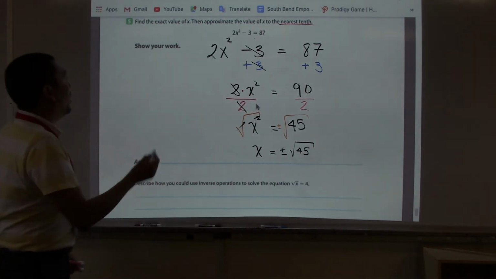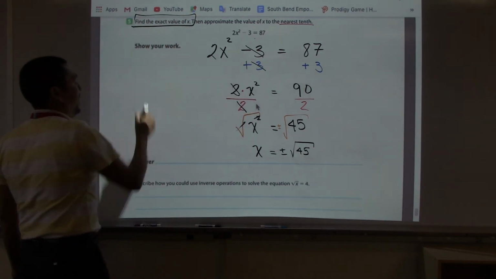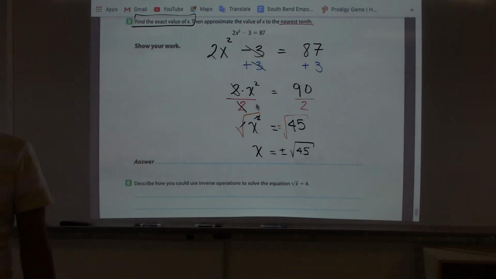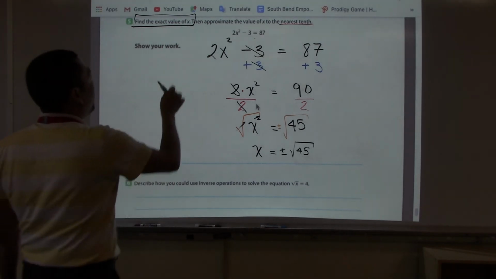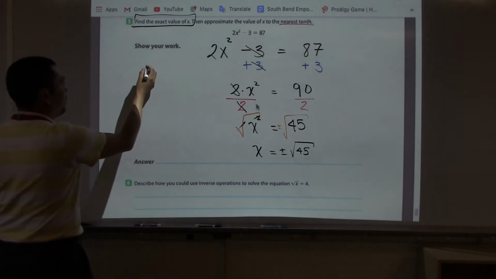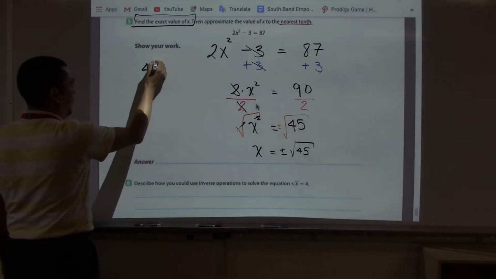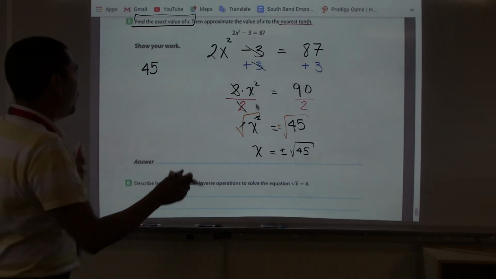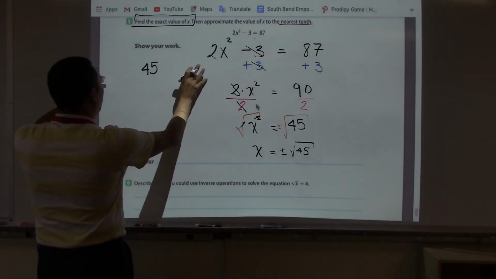Okay, so I have the exact value of x. x equals plus or minus the square root of 45. Now we are going to find the approximate value of x. 45 is not a perfect square, so I need to find two numbers that get close to 45.